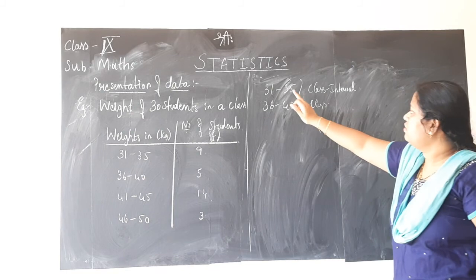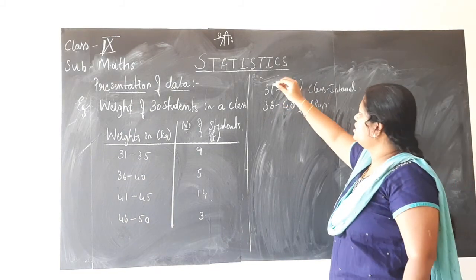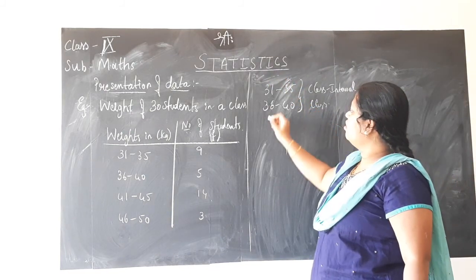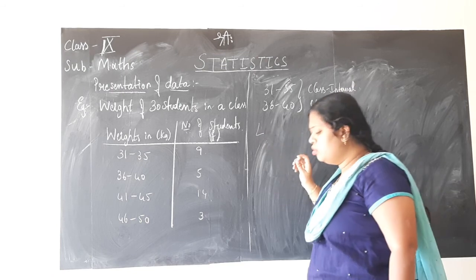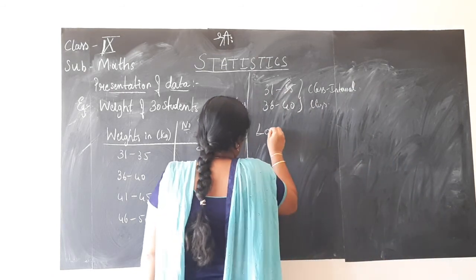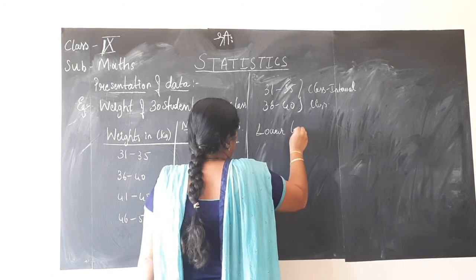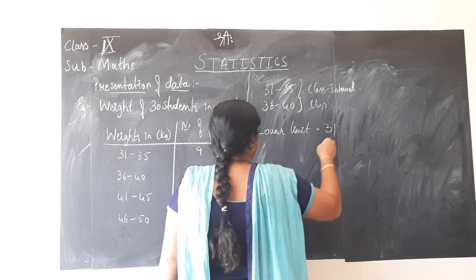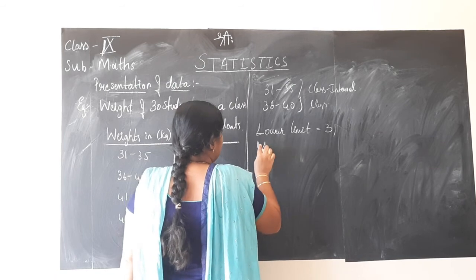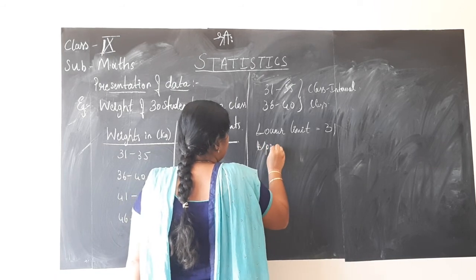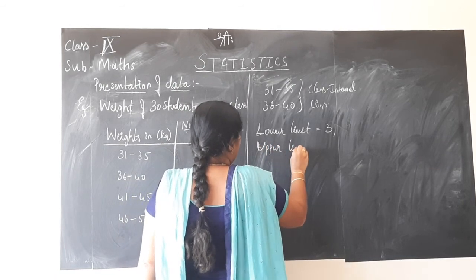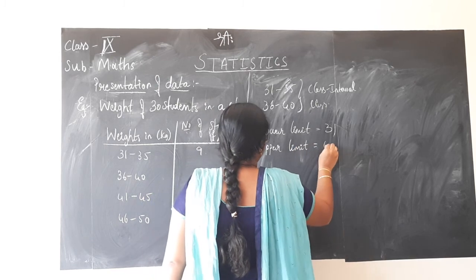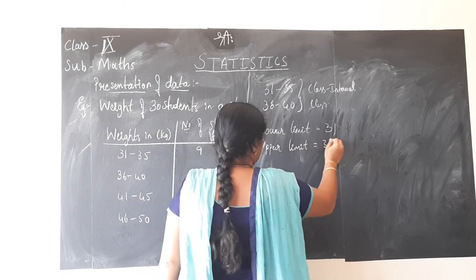And in 31 to 35, children, the first number 31 is called the lower limit. So in 31 to 35, the lower limit is 31 and the upper limit is 35.